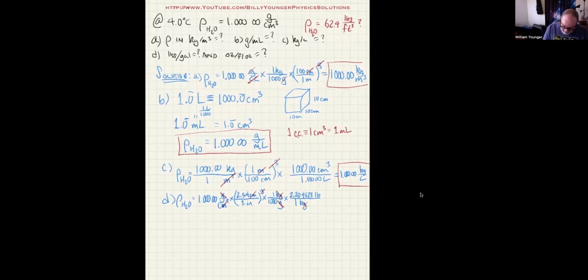So let's take just a second and figure out what this is, not because that's what they asked us, but because it's a nice break off point for the problem that I told you I was going to do extra, which is pounds per cubic foot. So what I'm going to do is I'll take 1, multiply that by 2.54 cubed, and then multiply that by 2.204623, and then divide that by 1,000, of course.